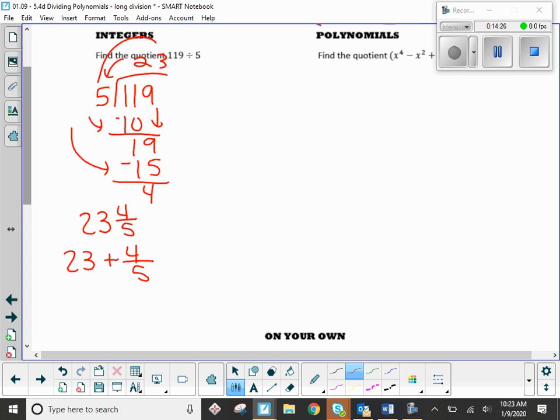And this is the form we're going to use to write our answer with the x's. It's going to be your quotient here, plus, I always want this plus in your answer, and then the remainder there, and the divisor there.